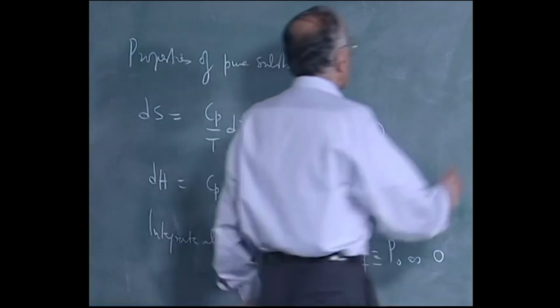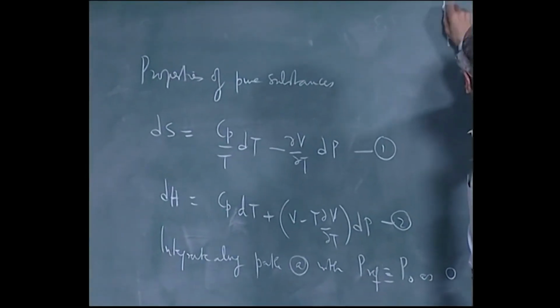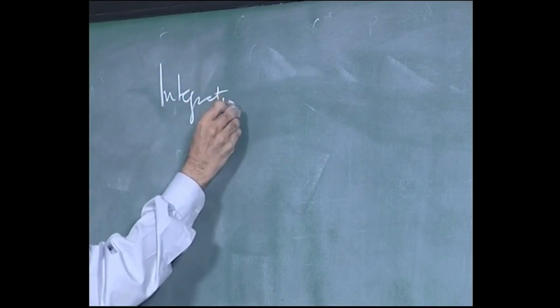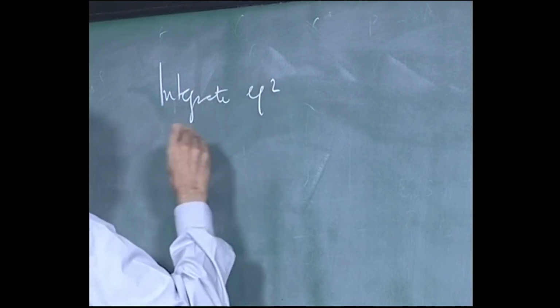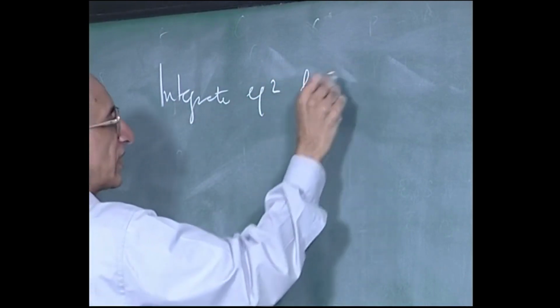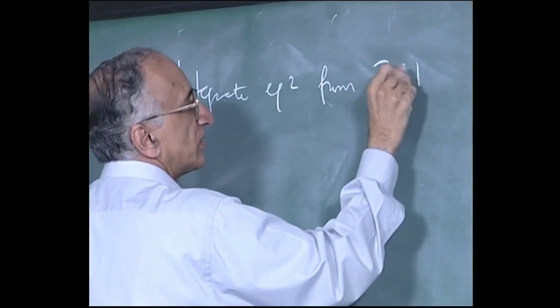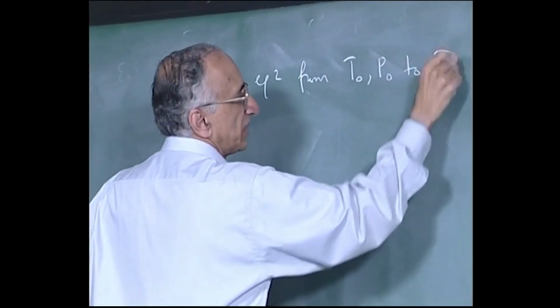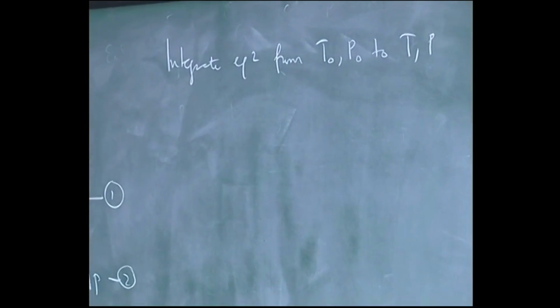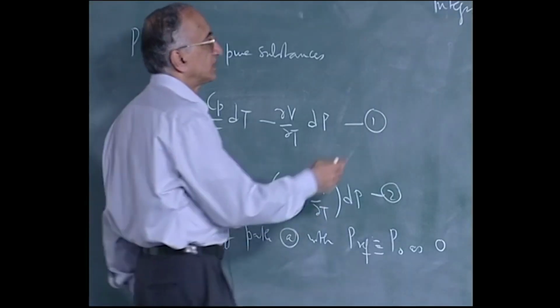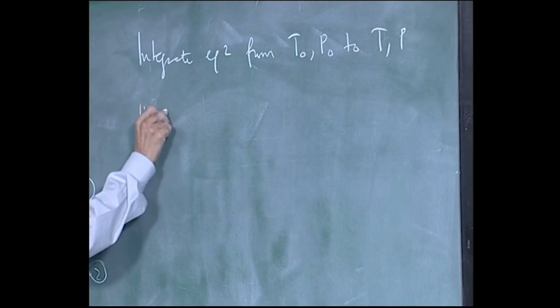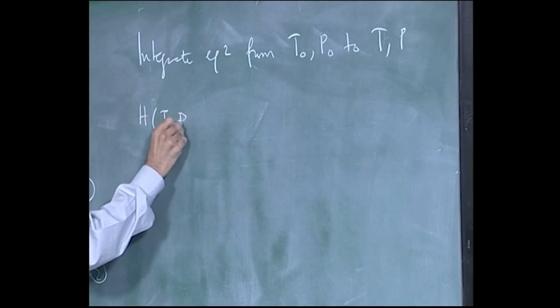If we do this, let us look at the integral of h. We will do equation 2 first. Integrate equation 2 from T0 P0 to T P. We agreed we would first do it at P0, so you will get h of T P0.